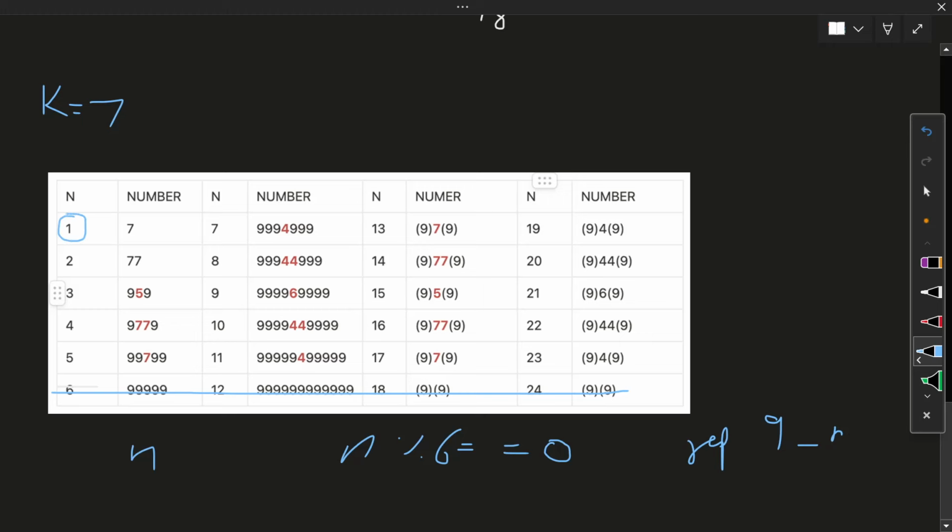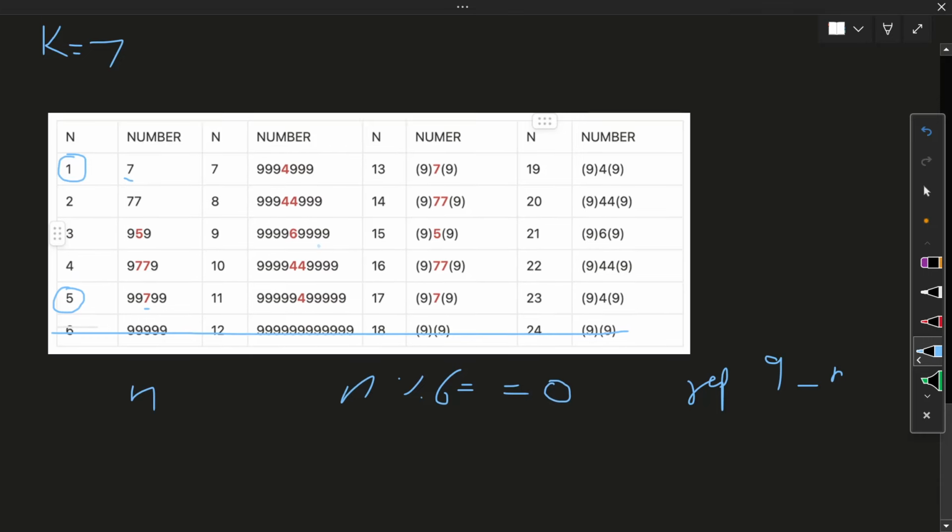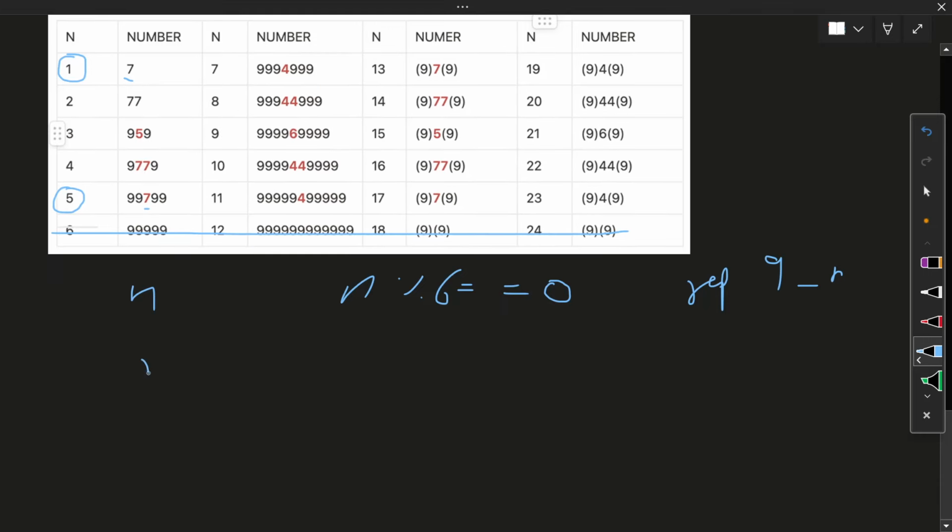If the remainder is 1 or 5, then we have to fill 7 in between and repeat 9 some number of times.